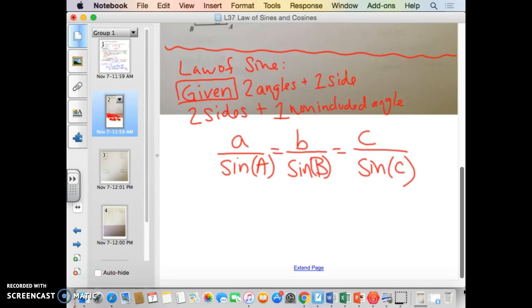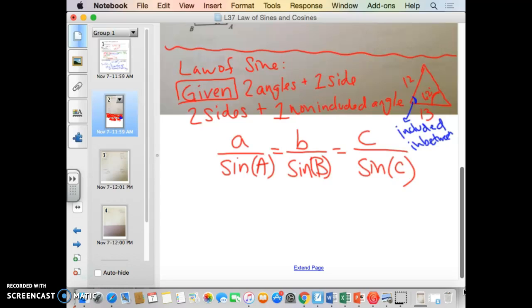And if you're given two sides and one non-included angle, so what does that mean? If you're looking at a triangle, and let's say you're given this side and this angle here, that is a non-included angle. Excuse me, this angle here is included because it's in between.